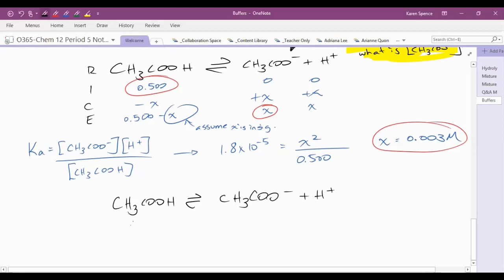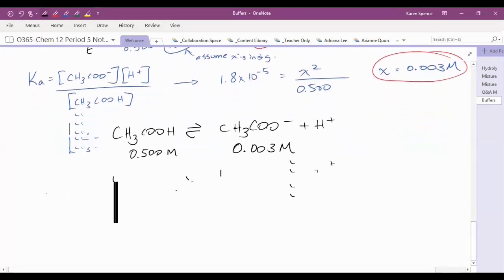And our concentration here is 0.5 molar, and our concentration here is 0.003 molar.